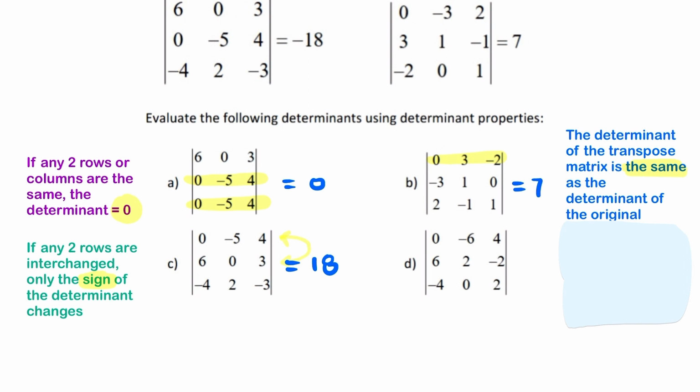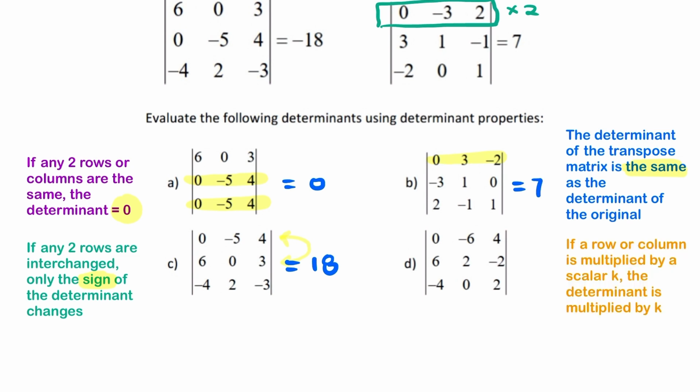Right, so it looks like we've taken the first row and multiplied it by 2. And we know there is a property that says if a row or a column is multiplied by a scalar k, then the determinant is also multiplied by k. So I guess the determinant would be 7 multiplied by 2.